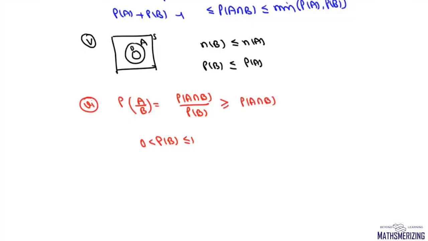Now we can also define probability relationships in multiple events. Say for example, in case of 3 events.